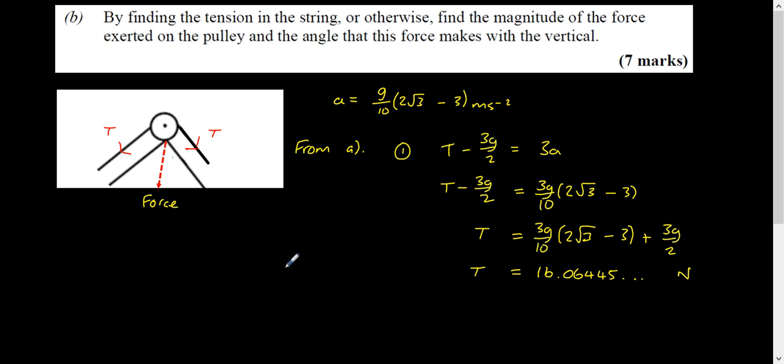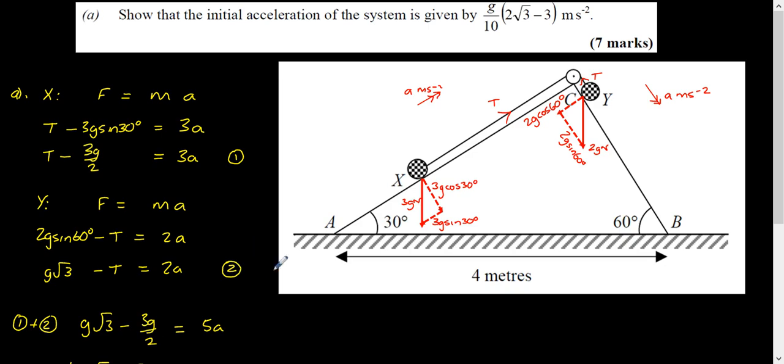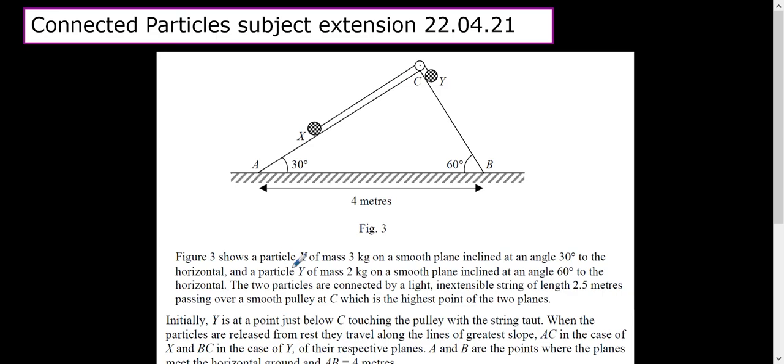Now, if we think about our diagram, what we're going to need to know is the angle here at C. If we've got a 30-degree angle here and a 60-degree angle here, it means that this whole angle here is 90 degrees. It's a right-angled triangle. So this is a 90-degree angle.